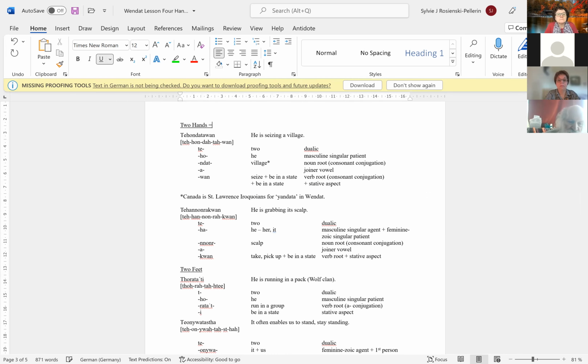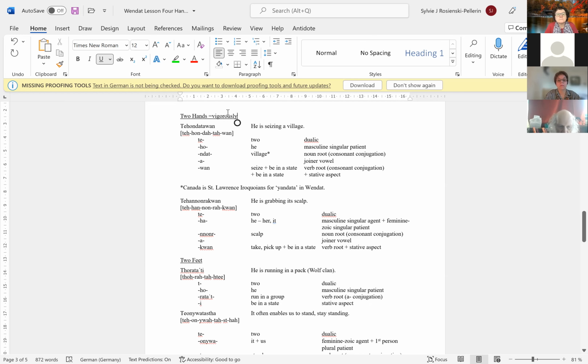So to seize, you do it with your hands. So it requires the dualic. So he is seizing a village. Te hondataha, right? Te tu, ho he, it's using the patient.